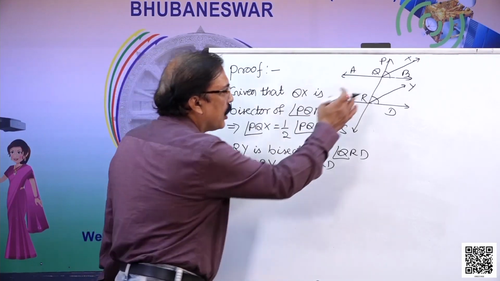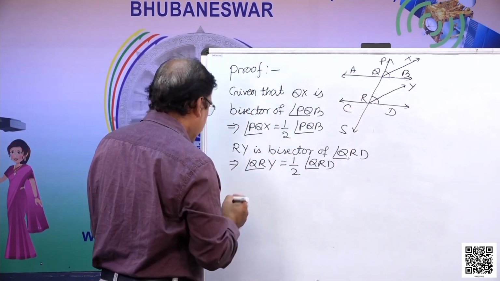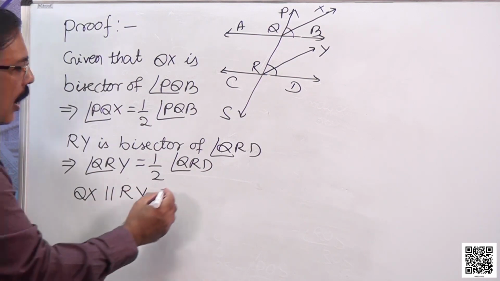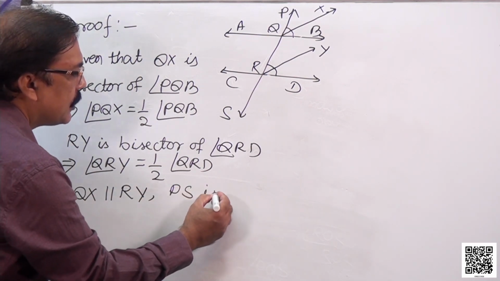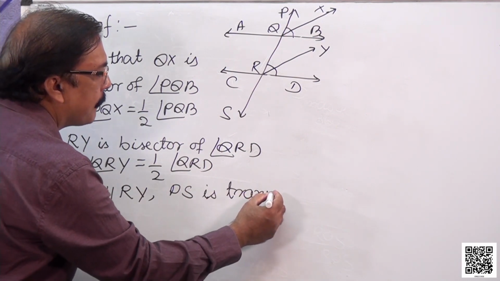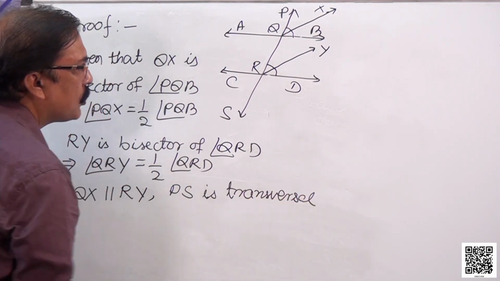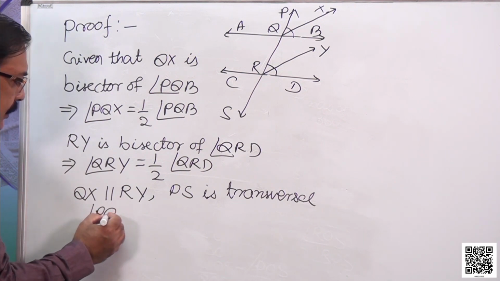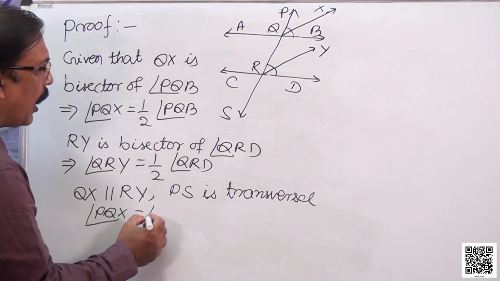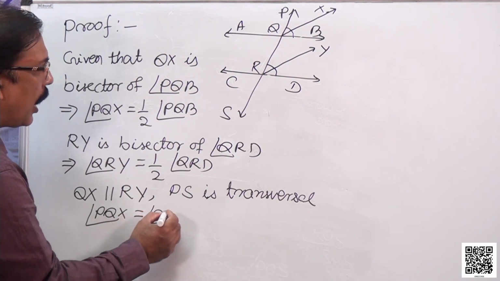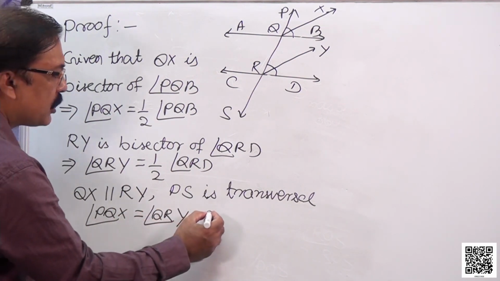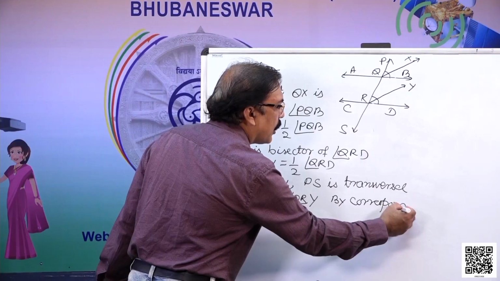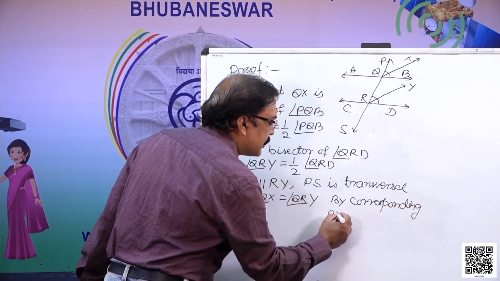Now you see, given QX is parallel to RY, and PS is the transversal. So angle PQX is equal to angle QRY by the corresponding angle axiom.